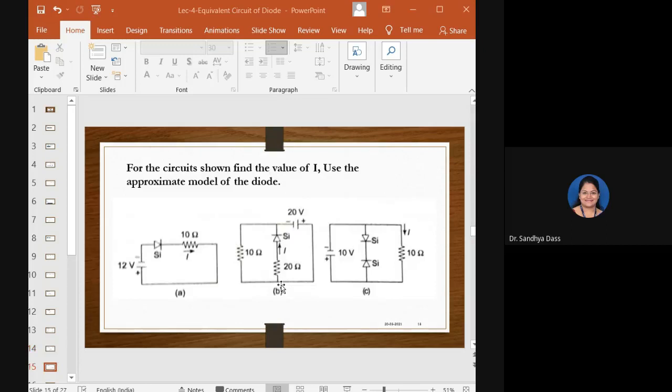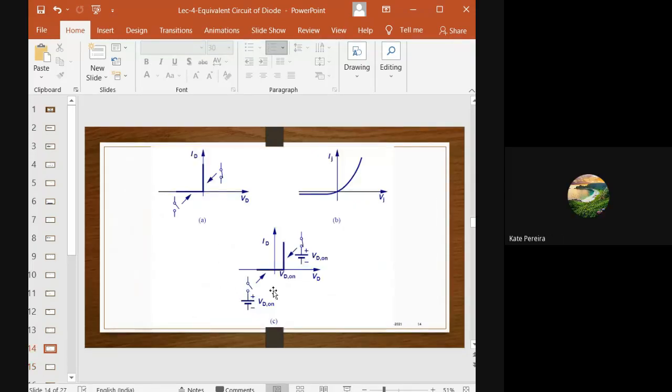Now observe. In the previous slide, we replaced the diode by a voltage source of the same voltage value, right? Yes, because that is the minimum voltage required for the diode to conduct, isn't it? Silicon has a 0.7 volts cut-in voltage. After 0.7 volts, the diode will be conducting, right?